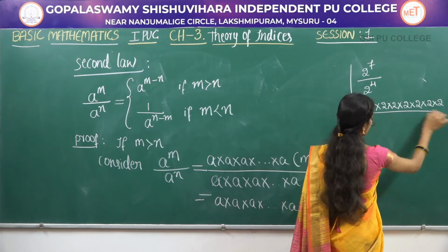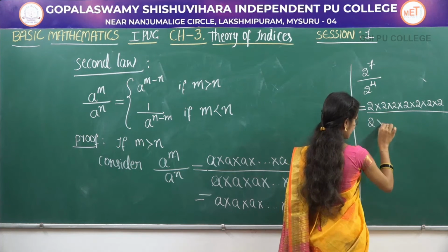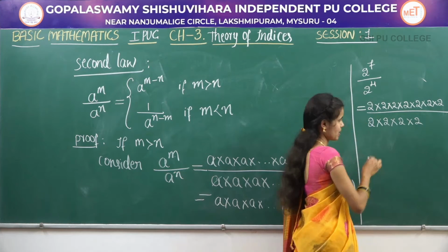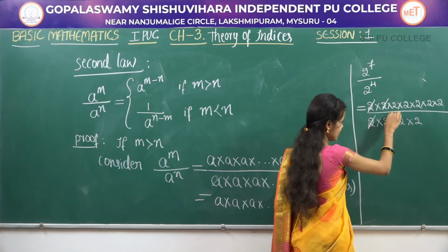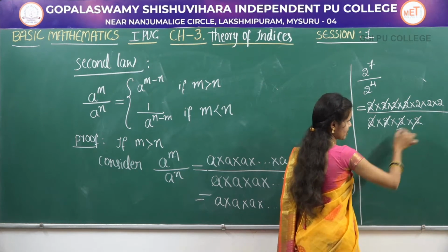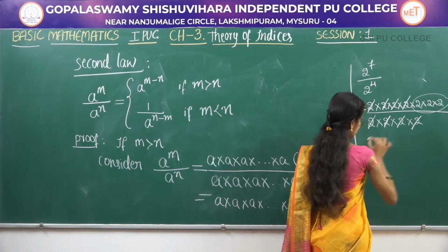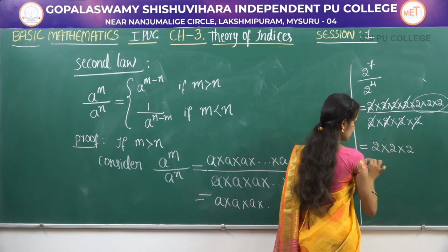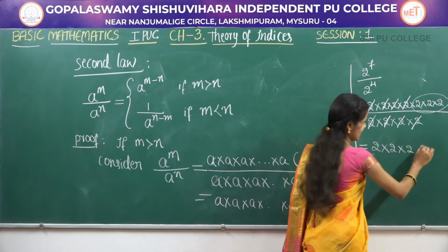Divided by 2 to the power of 4, which is 2 into 2 into 2 into 2, 4 times. Here the 2s get cancelled, so remaining 2 into 2 into 2 in the numerator. How many times? 3 times.